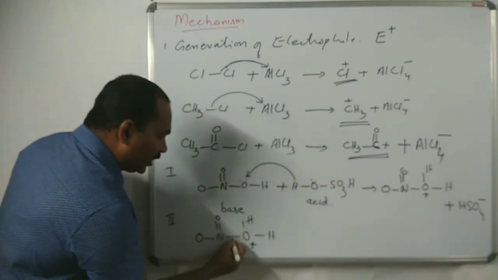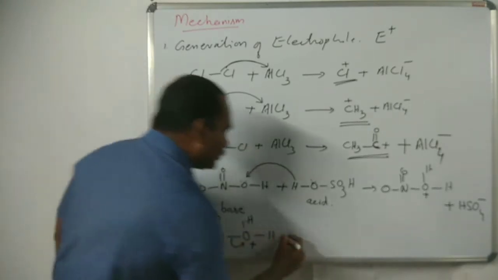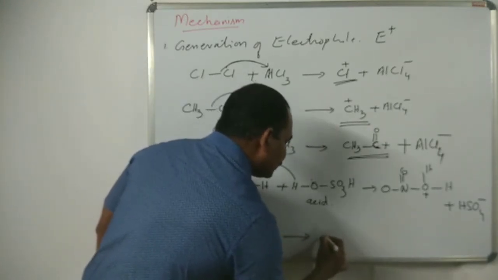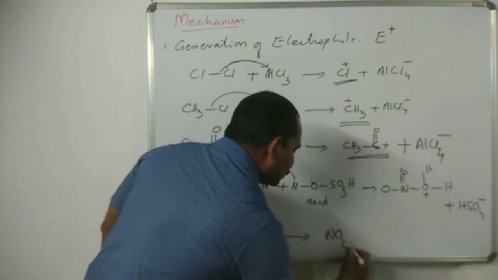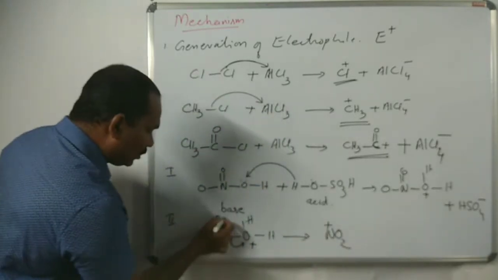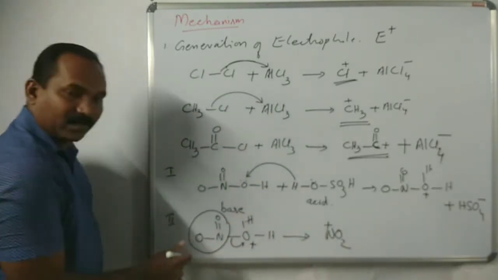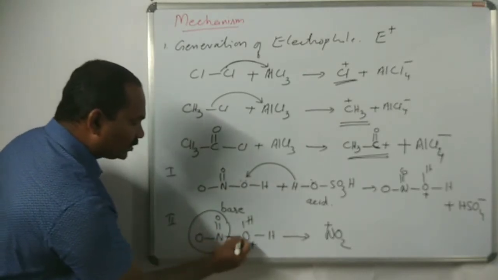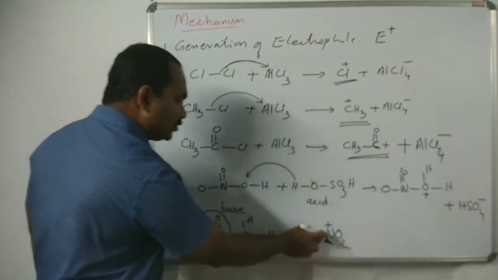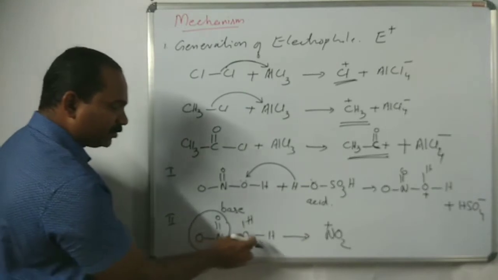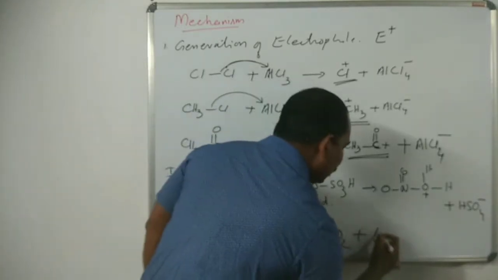And this electron is shifted to the oxygen. We get NO2 plus, this species. And the nitrogen loses its electron, that's why nitrogen becomes positive, with 2 oxygen atoms, then plus water.